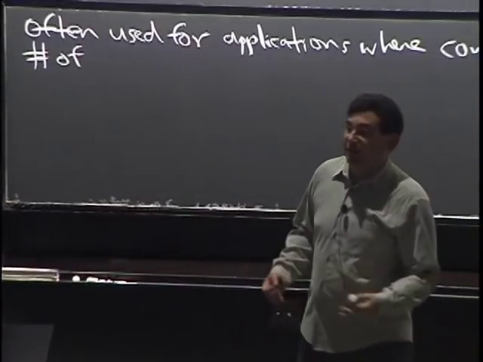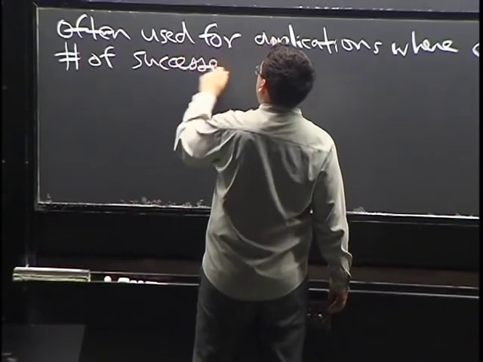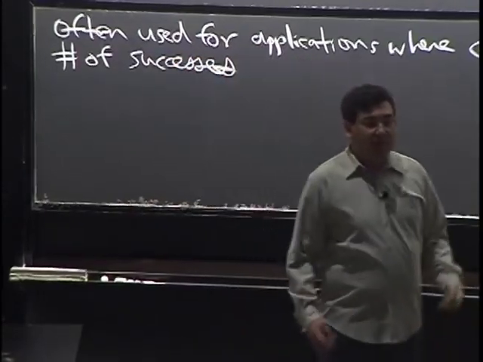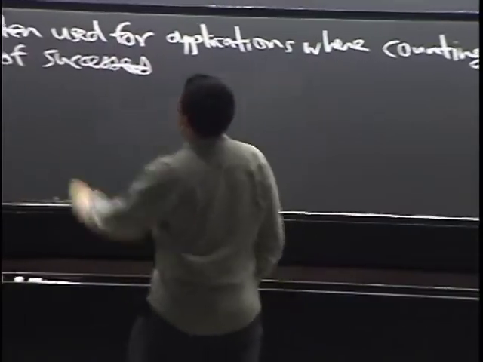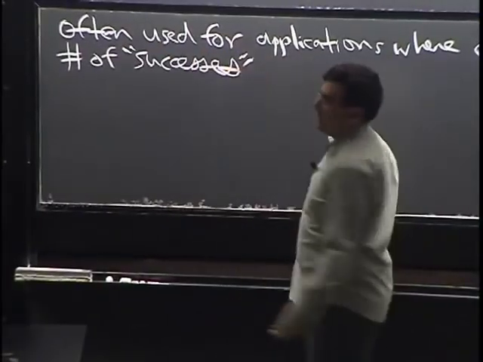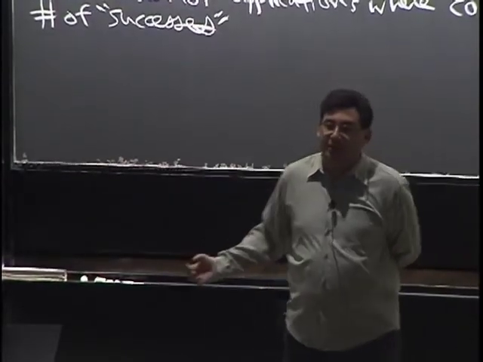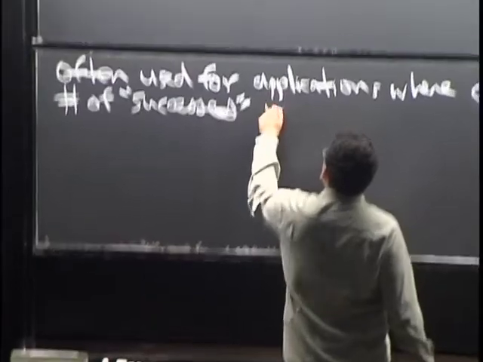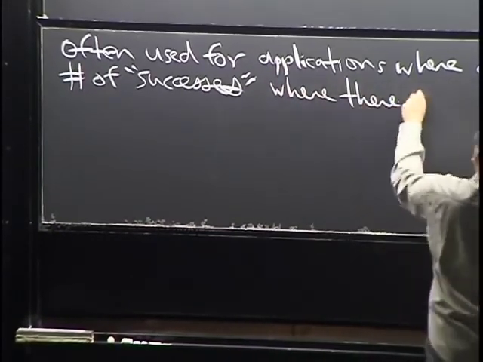Let's say number of successes, but again, just like in the binomial, we can define success and failure in a very general way. So I'll just put successes in quotes because we could define that in many different ways, but just to have a word. We're counting the number of successes where we have a large number of trials.